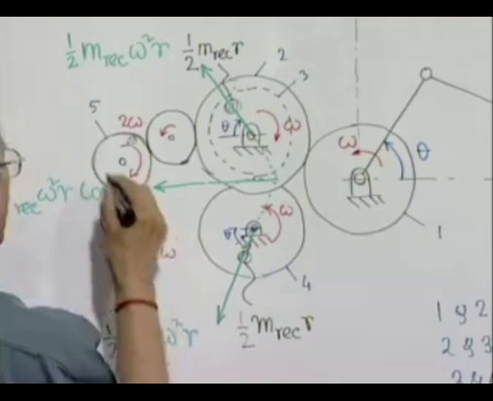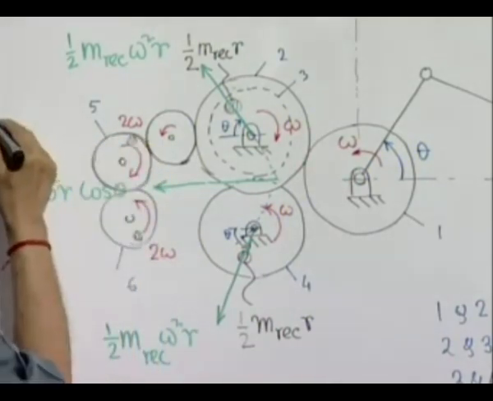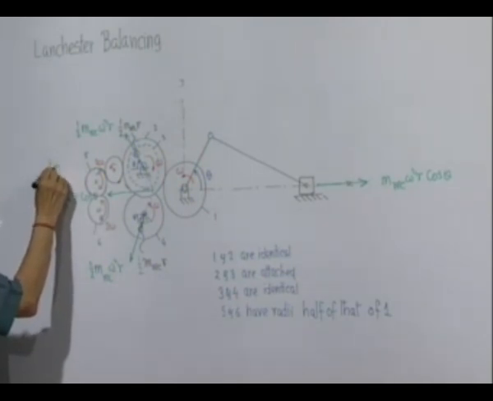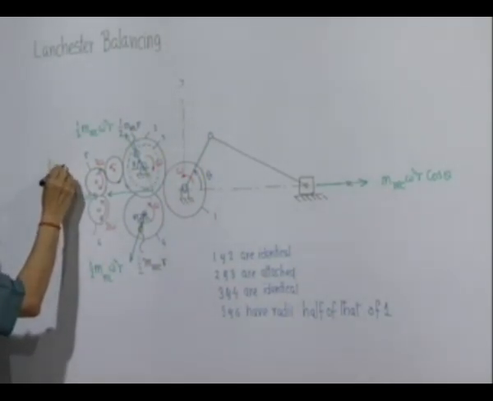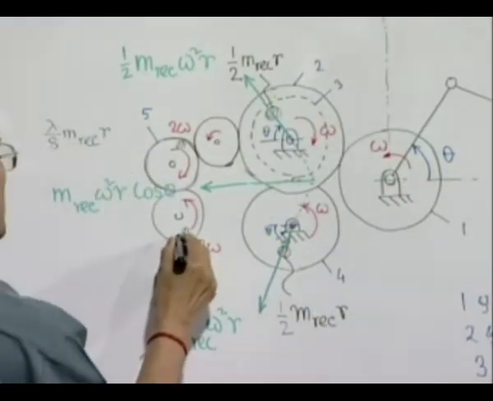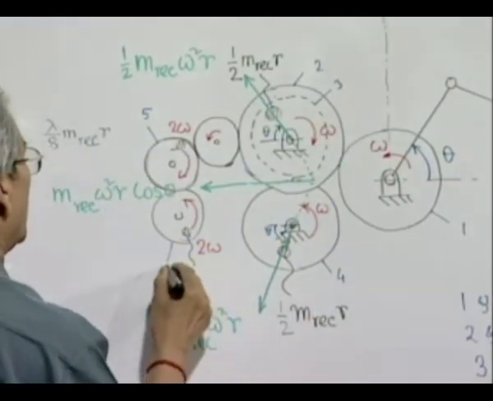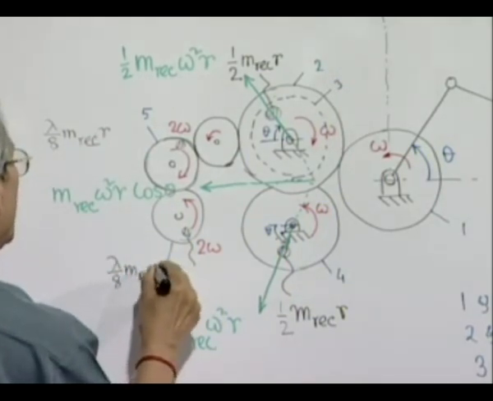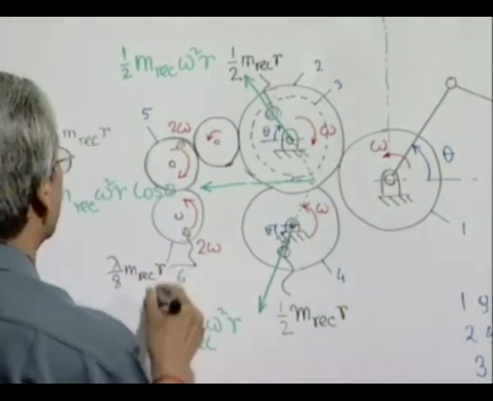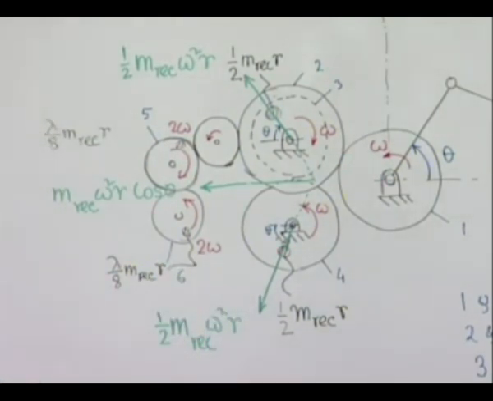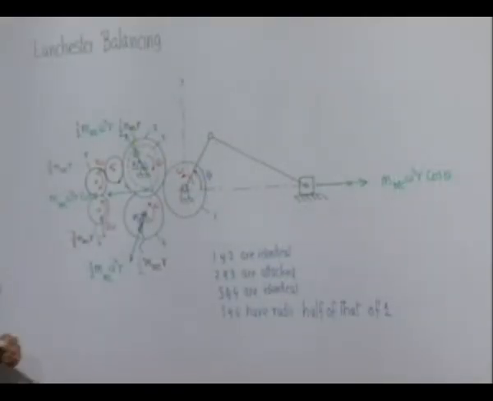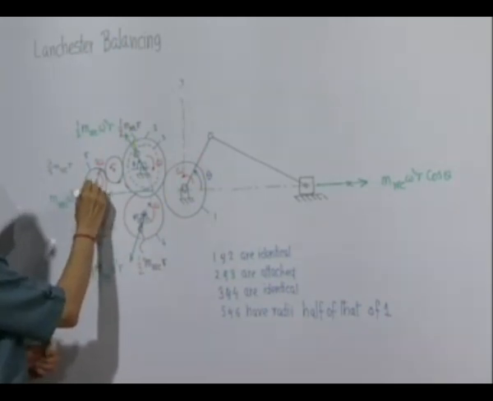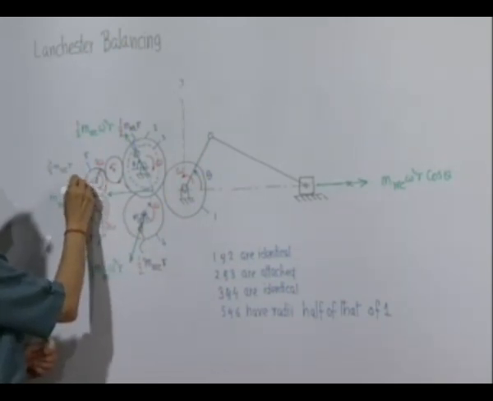we can attach some masses here, which is lambda by 8 m reciprocating into r. Same thing here, lambda by 8 m reciprocating r will be this, and the angle is such that this is 2 omega t.